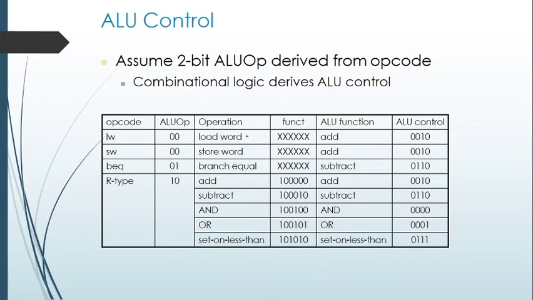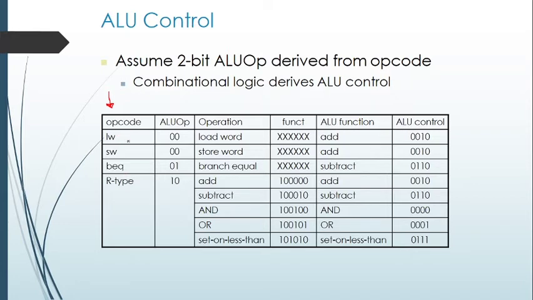So what happens is, there is a main control, and there is an ALU control. We know what the ALU control does, but there has to be some information from the instruction about which instruction it is. That information comes from the opcode field of the 32-bit MIPS instruction.